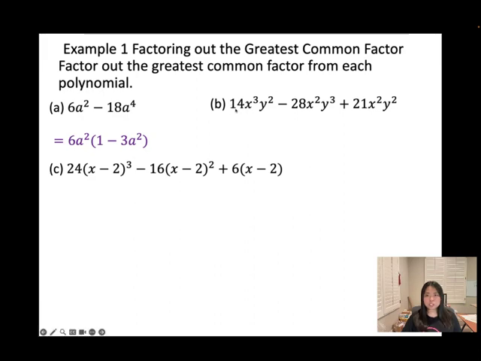B, look at 14, 28, 21. Common factor will be 7. And then I do have x squared, x squared, x cubed. So x squared will be the greatest common factor. And then y squared. So you want to factor out 7x squared y squared.